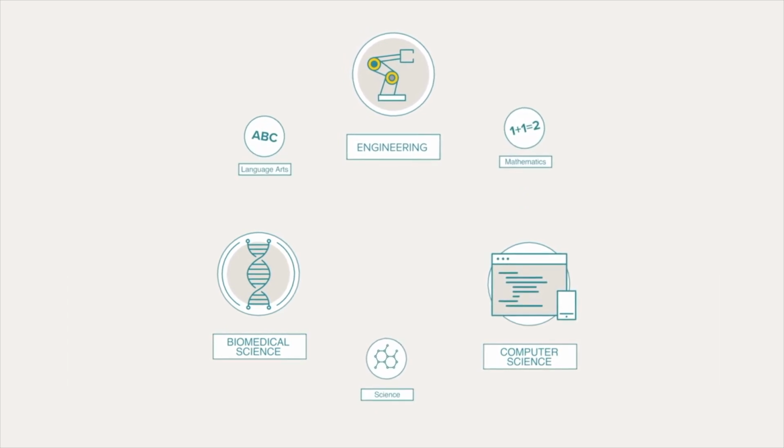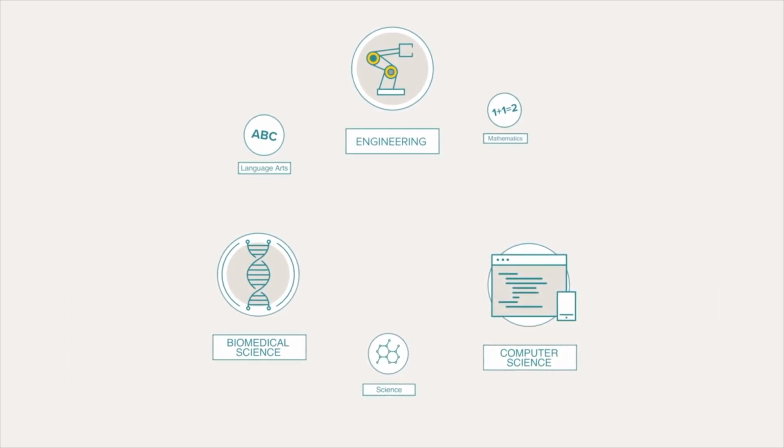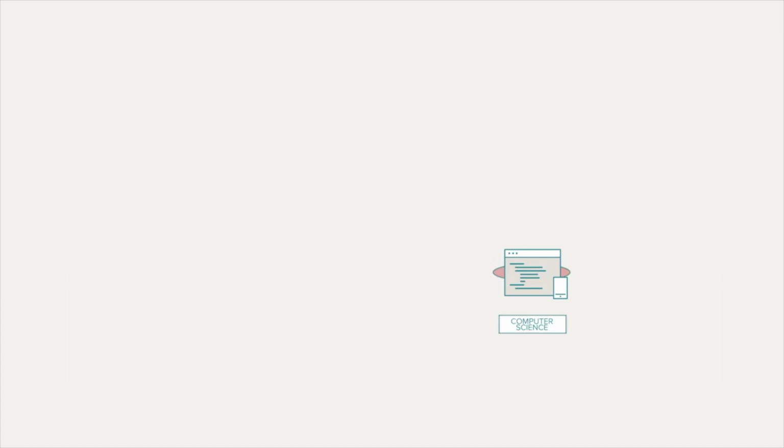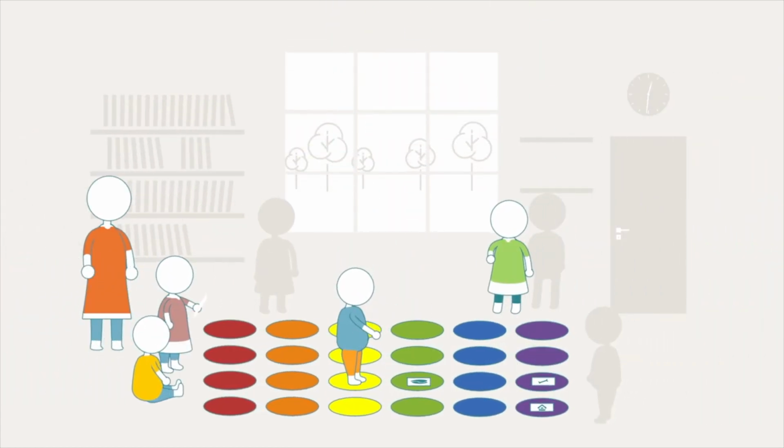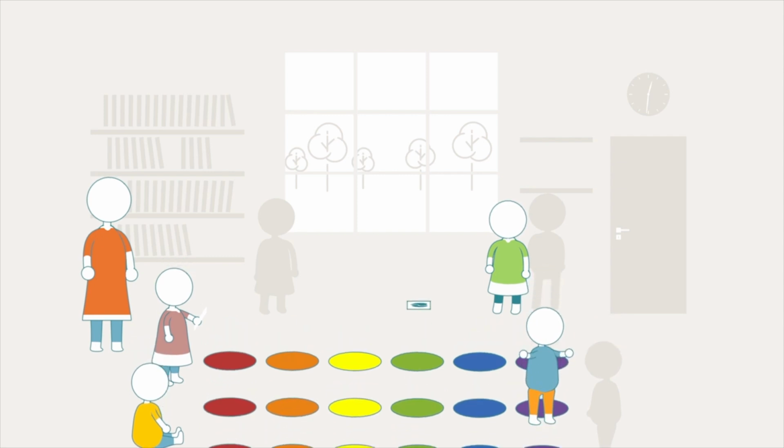While developing knowledge and skills in computer science, engineering, and biomedical science, students experience how interconnected all their learning is. For example, first graders discover computer science concepts in an unplugged activity in order to learn and experience how this logical thinking is used to program an animation.